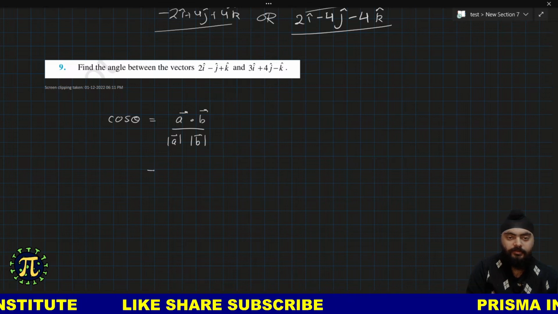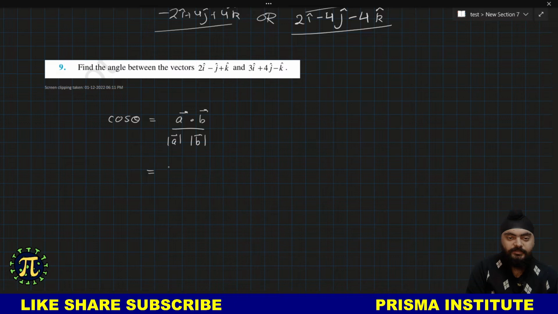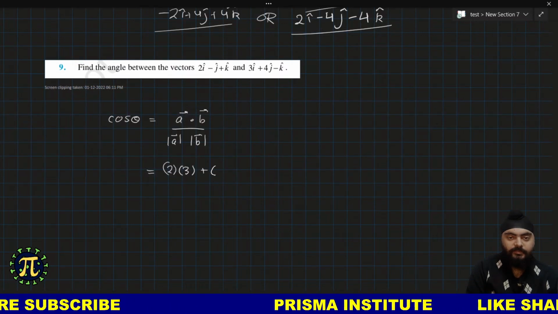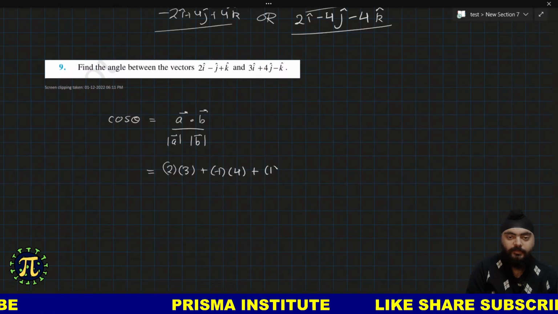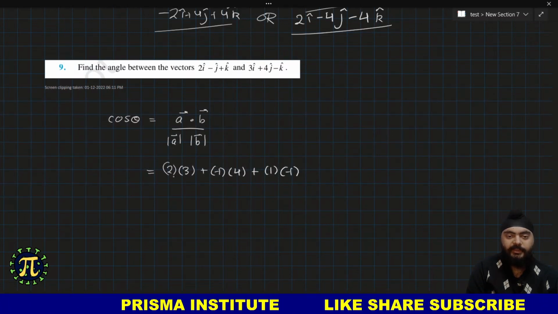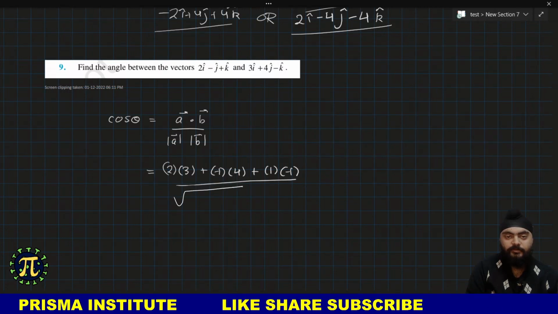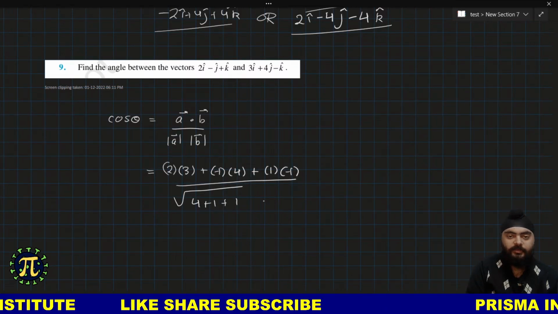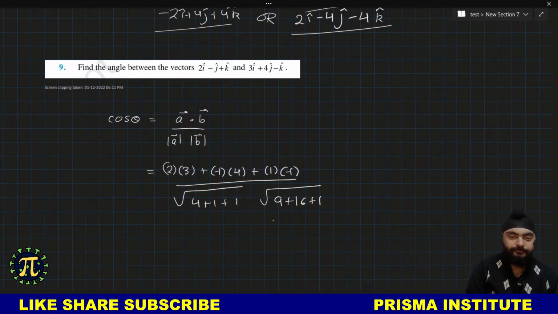So ऊपर हमारे पास आ रहा है a dot b which is 2 into 3 plus में -1 into 4 plus में 1 into -1. So I multiply x का component with x, y का with y, z का with z divided by square root of, यहाँ पे coefficients के square तो 4 plus 1 plus 1 and यहाँ पे 9 plus 16 plus 1.